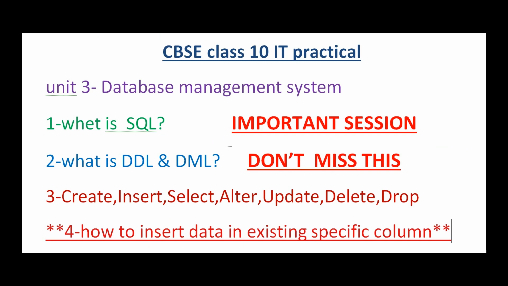Which of these belong to DDL, and what kind of commands belong to DML? Insert, update, and delete belong to the DML category, because these are related to values only. And create, select, alter and drop belong to DDL, because these belong to structure only.